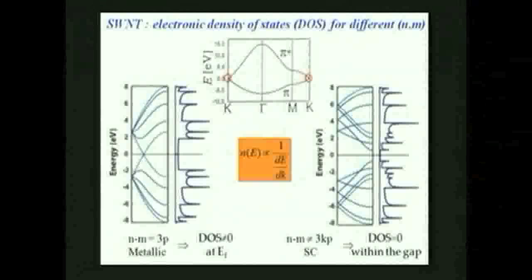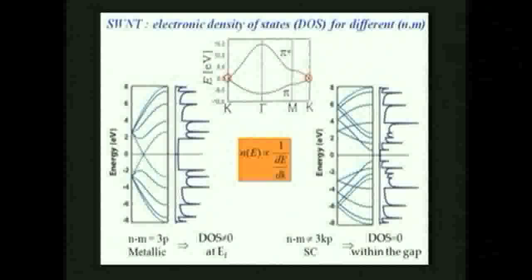So these singularities in the density of states correspond to flat lines, zero derivatives in the dispersion curves. Once again, that reminds you of the properties of molecules. It corresponds to special states that remind you that you have a crystal which looks like a molecule, a one-dimensional crystal.